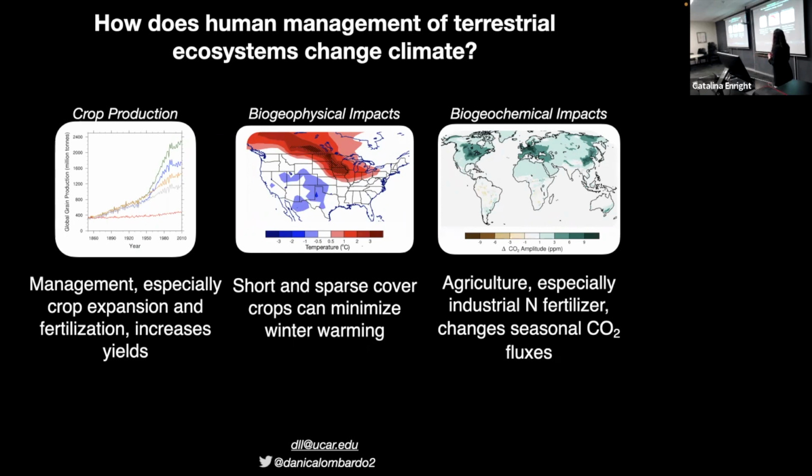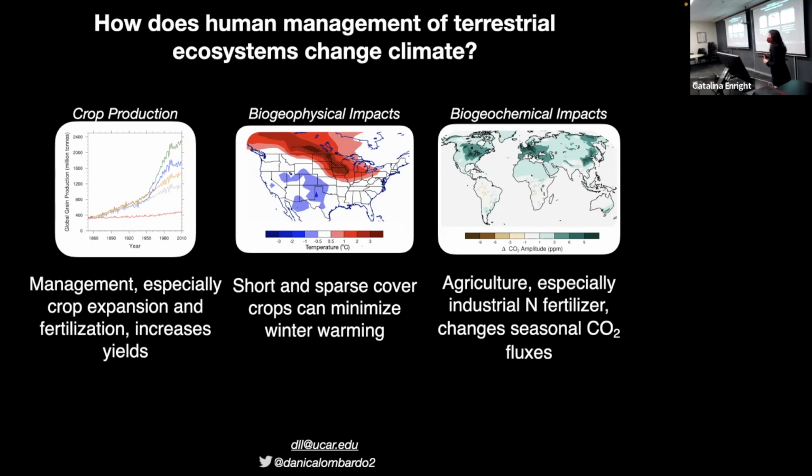I also showed you that there are biogeophysical impacts of agriculture that we need to consider. I highlighted an example using cover crops: if we plant shorter or more sparse cover crops, you can minimize the effect of winter warming. And then last, I highlighted that agriculture, especially nitrogen fertilization, changes the seasonal carbon dioxide fluxes and the amplitude of that.